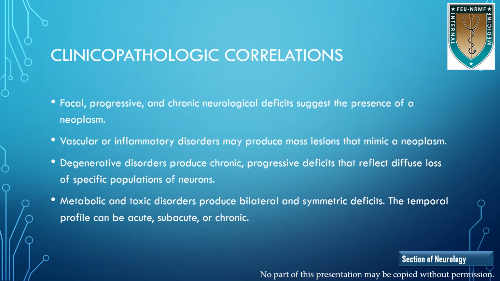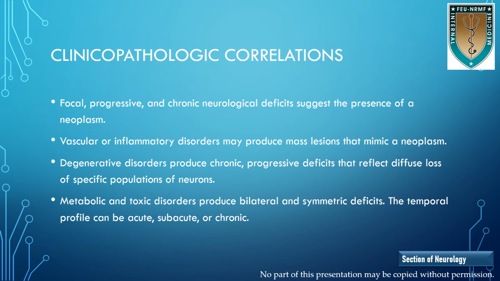Focal, progressive, and chronic neurological deficits suggest the presence of a neoplasm. Vascular inflammatory disorders may produce mass lesions that mimic a neoplasm. Degenerative diseases produce chronic, progressive deficits that reflect diffuse loss of specific populations of neurons. Metabolic and toxic disorders produce bilateral and symmetric deficits.